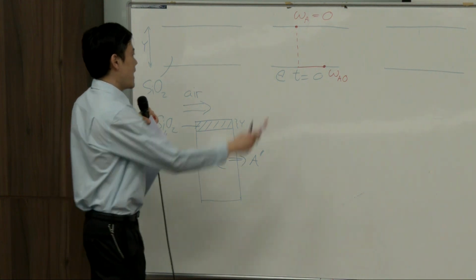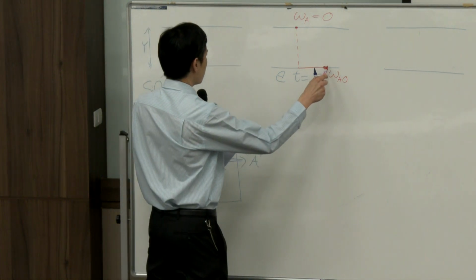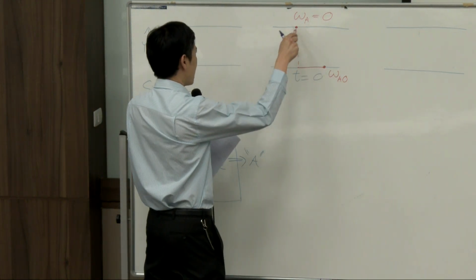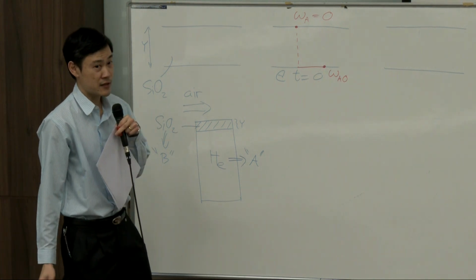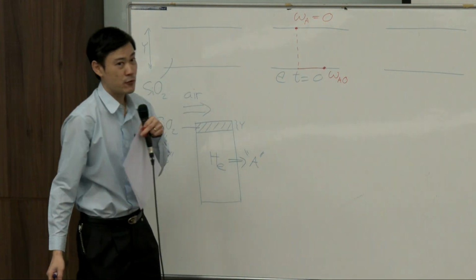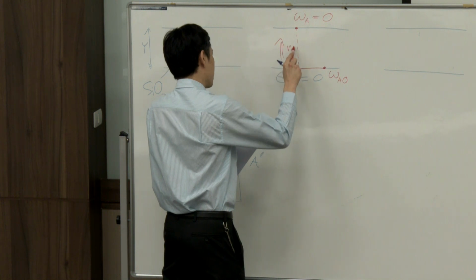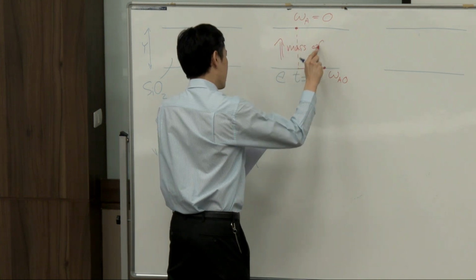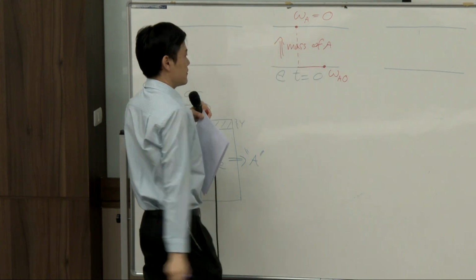That is at time equal to 0. And you see that the concentration down here and up there are not the same. Therefore, we have a difference in concentration. That would give you the driving force for mass transport. So there will be mass of A moving from down here up there.